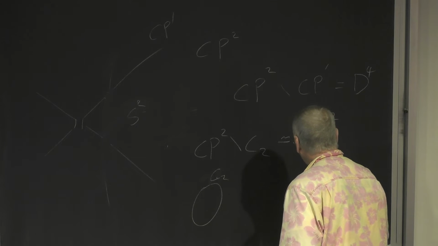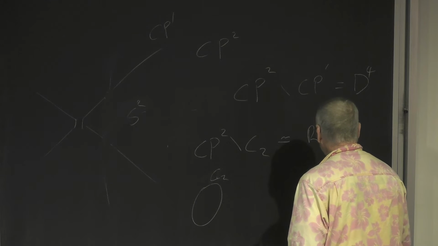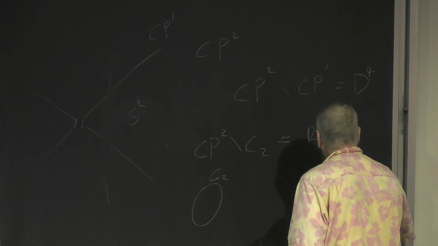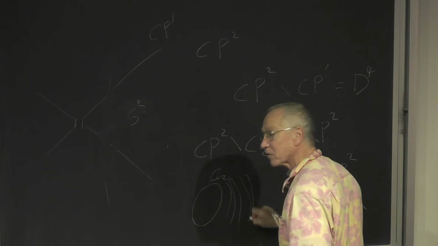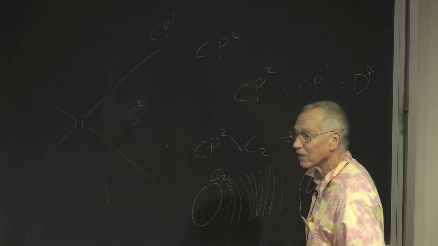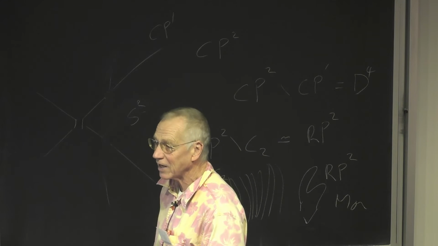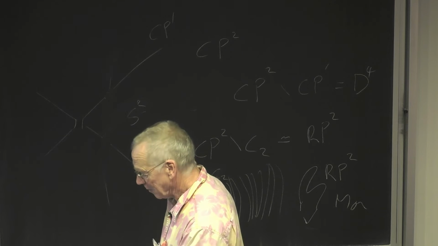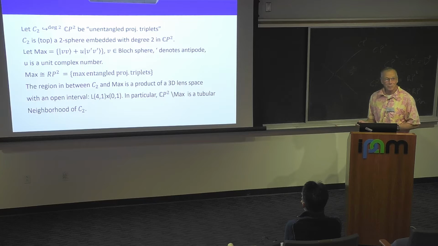And then there's an RP2 here, which is the maximally entangled stuff. And then what's in between is foliated by these three-dimensional leaves. And it's a product, which are all these lens spaces. So this is a picture that we could get for any irreducible representation if we knew enough. I'm sure experts in algebraic geometry can do all these things, but we did this by hand.